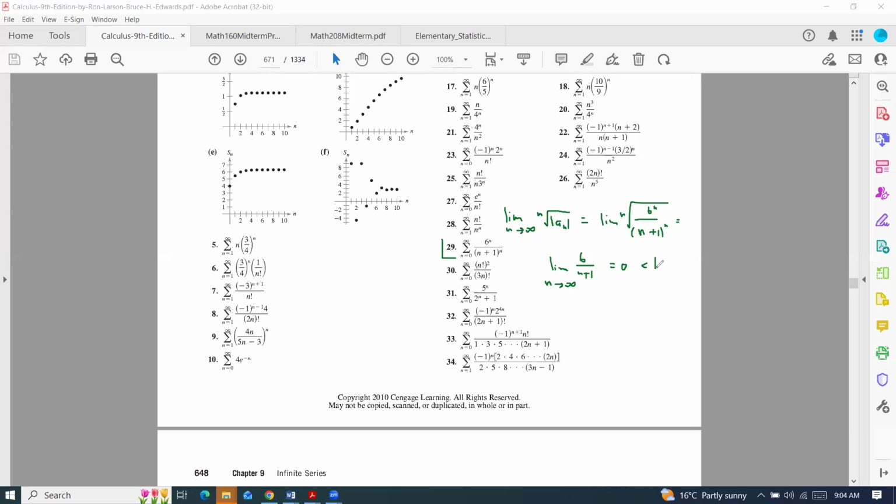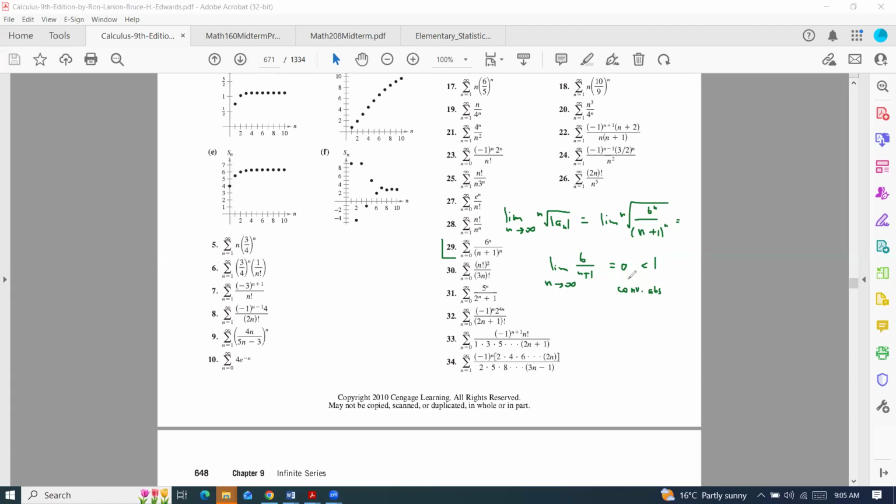So this means that the series is convergent absolutely. So absolute convergence is what we really care about, which means it's stronger than just convergence. And even though everything here is positive anyway, right? 6 is positive and n plus 1 when n starts at 0 is also positive.